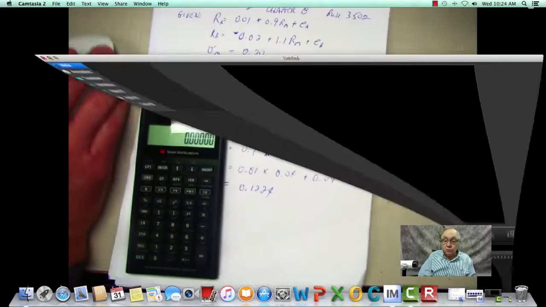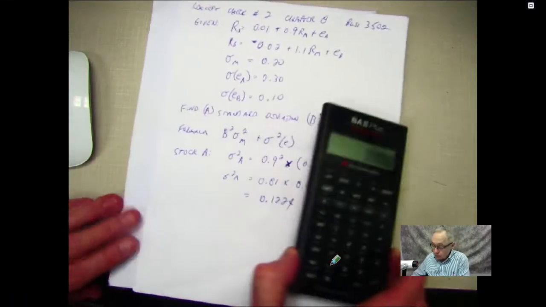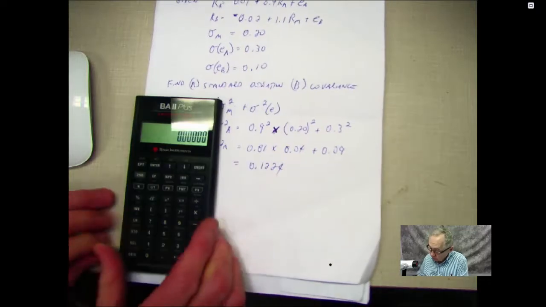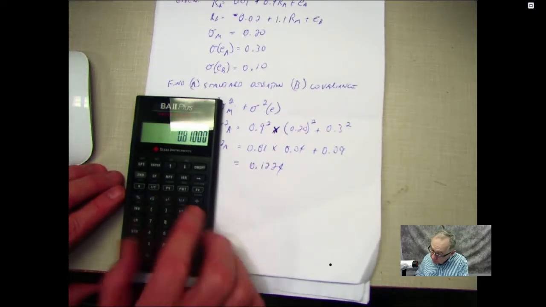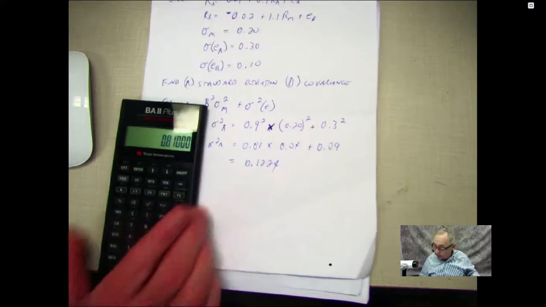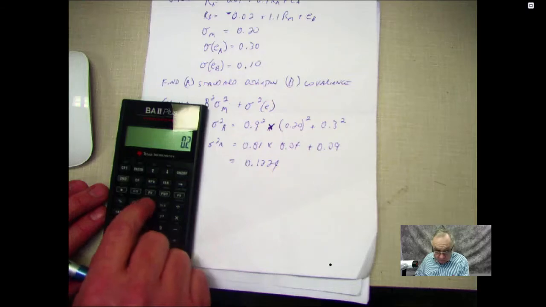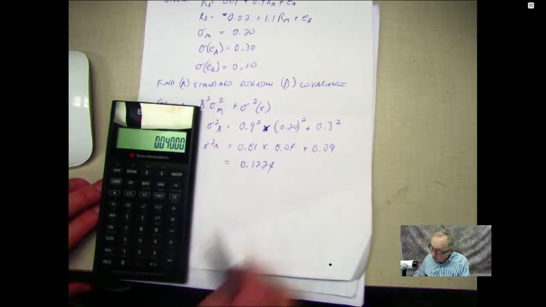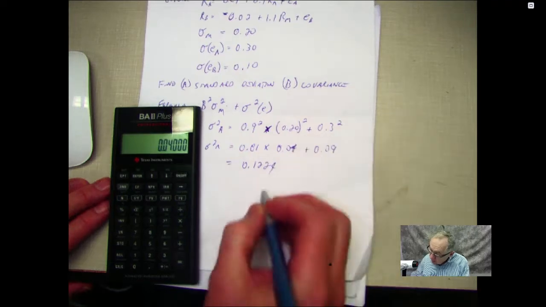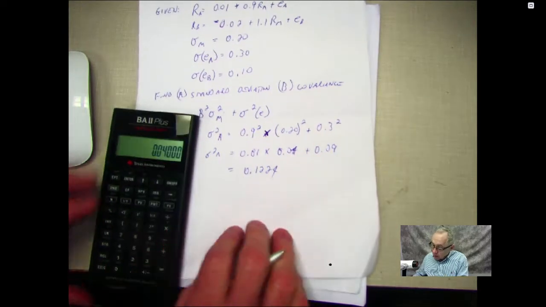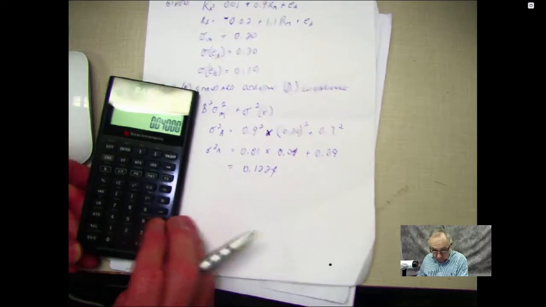So back to our concept. Okay, so we need to verify: 0.9 squared is 0.81, so we have that. 0.2 squared is 0.04, so we have this, our variance for the market, and adding 0.09.